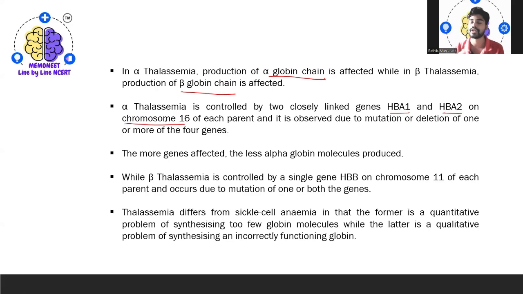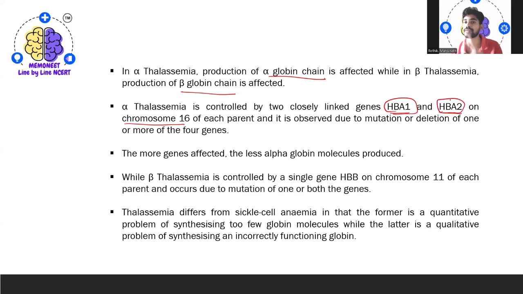And it is observed due to either mutation or deletion in one or more of these four genes. So as a result, what happens? In one parent, you will see these two genes.